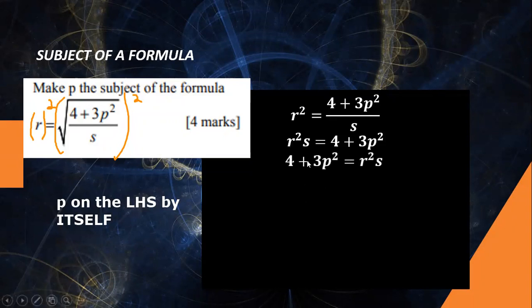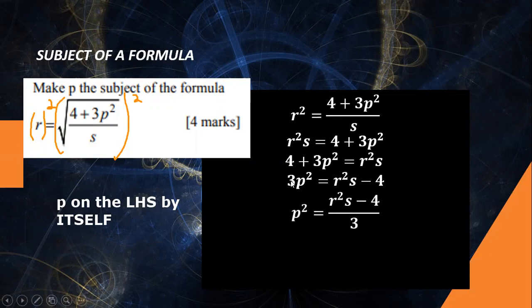So it becomes 4 plus 3p squared is equal to r squared s. I'm getting closer because I want p on the left-hand side. LHS stands for left-hand side. Next, I'm going to put the 4 over on the other side, so it becomes minus 4. So it's going to be r squared s minus 4. And this 3p squared remains on the left-hand side. We're getting closer because p is getting more and more by itself.